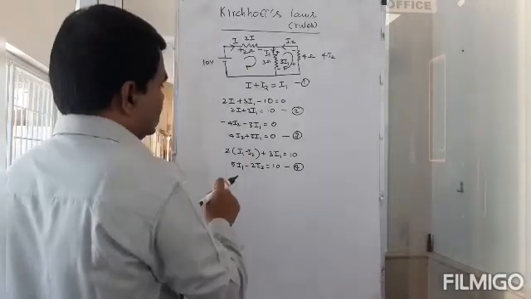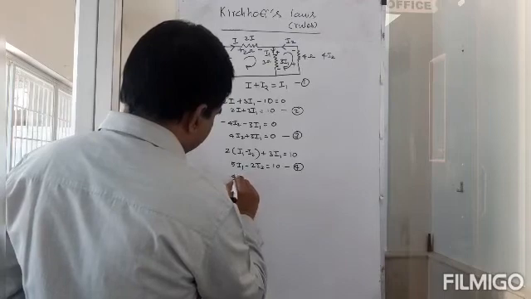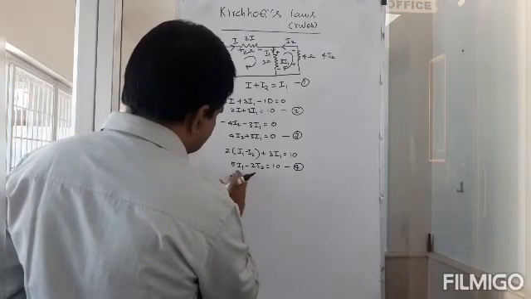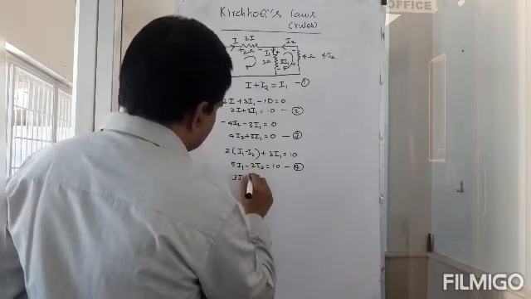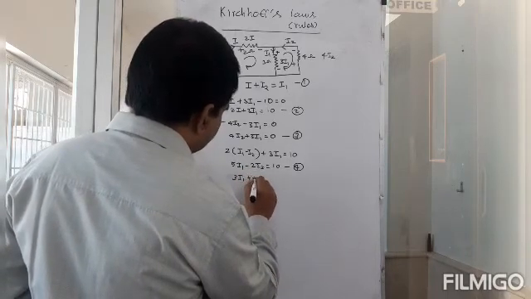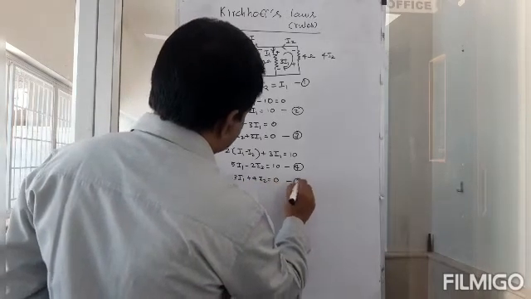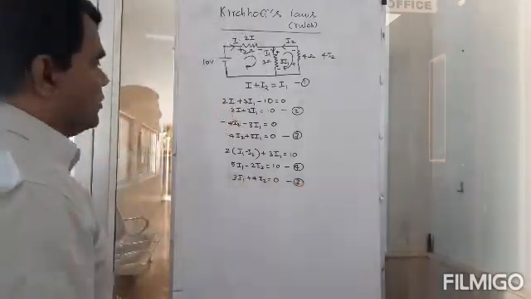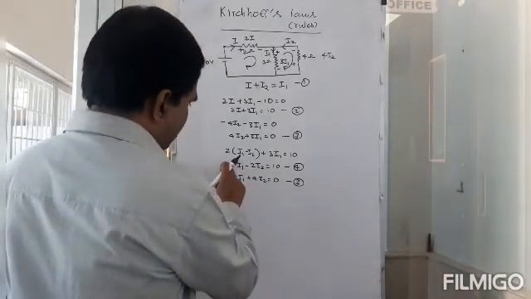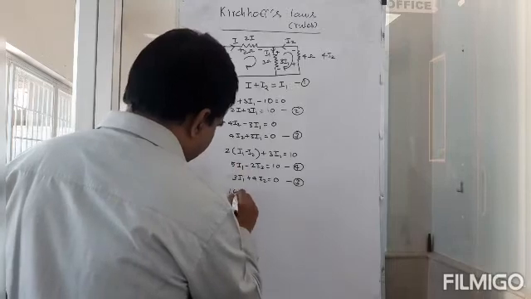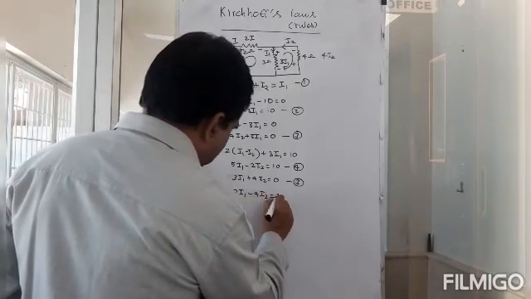And what about this? Then I will say 3i1 plus 4i2 equals 0. That's my 3. Okay? So how do I solve these two? Well, I can multiply this by 2, then I get 10i1 minus 4i2 equals 20.